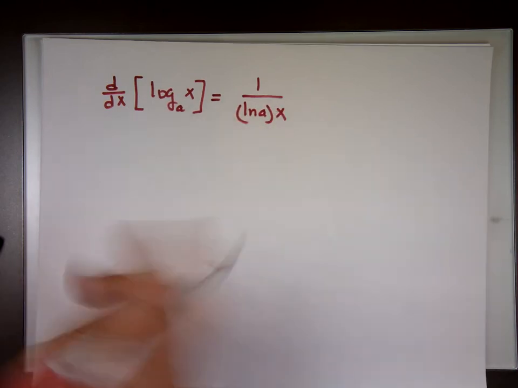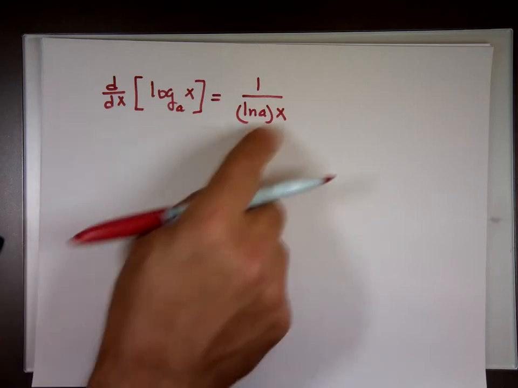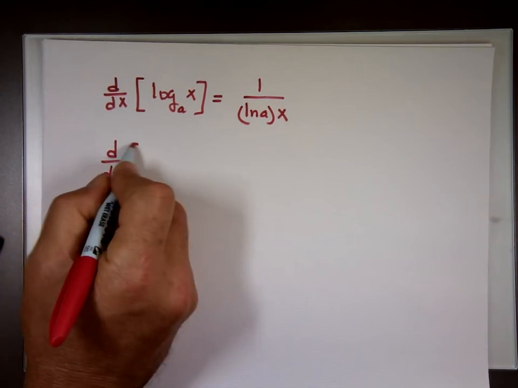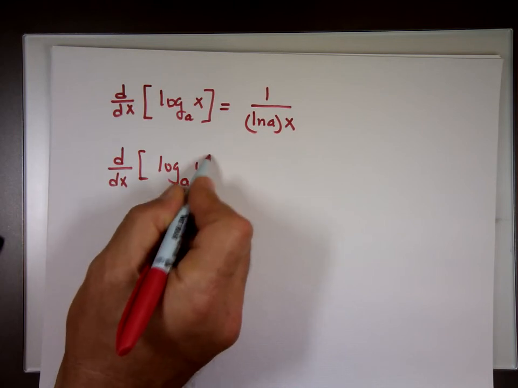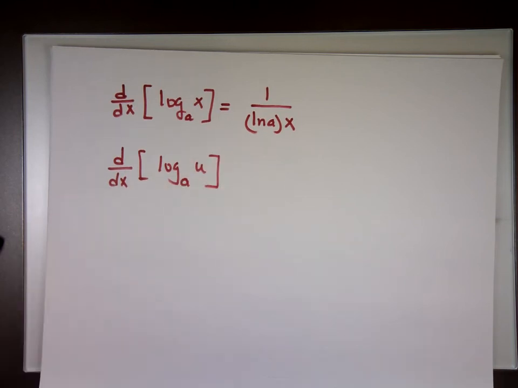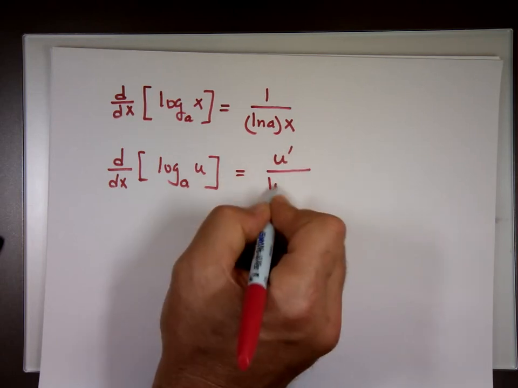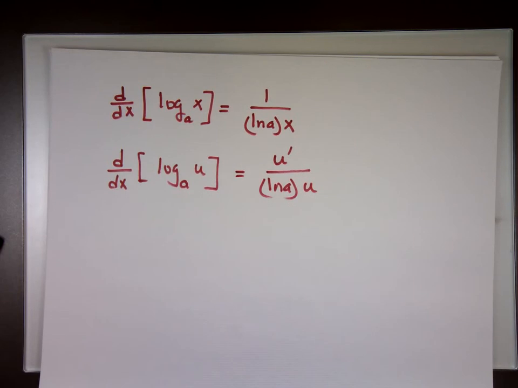I always forget this one. And if that's not an x, if that's a u, what do you think it's going to be? Is it u prime over ln of a times u? Better believe it.